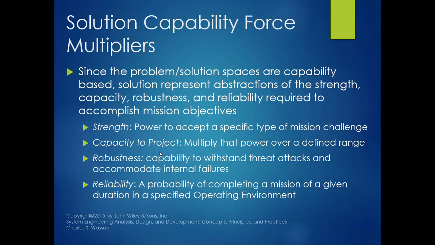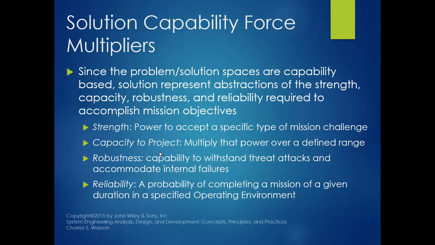To address the problem space and required capabilities, the solution space should represent an abstraction of the strength, capacity, robustness, and reliability. The strength is the power to accept a specific type of mission challenge. Capacity to project is the ability to project a solution with 10x capacity with less cost. You don't have to build an expensive aircraft to cover X square miles.